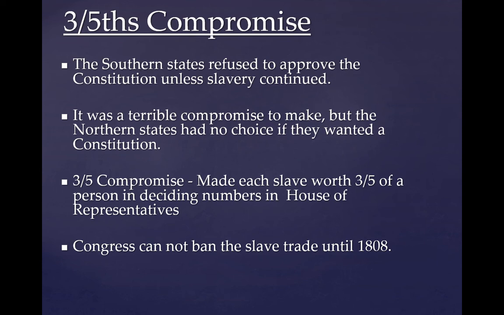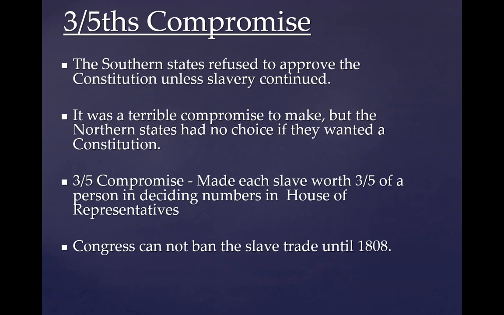The North obviously wanted to limit this as much as possible, because by counting these people as population, this would create an advantage for the South in the House of Representatives. The agreement they came to was that slaves would count for 3/5 of a person in deciding this representation in the House of Representatives.